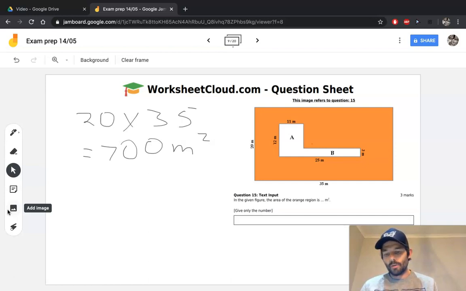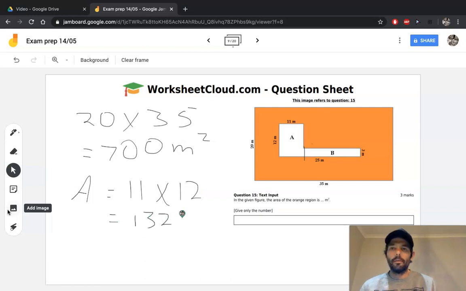So I'm going to cut off that compound shape there. So I'm going to have rectangle A and rectangle B. For rectangle A, my area is going to equal 11 meters times 12 meters. Okay, that's the length and the breadth, or the breadth and the length. That's going to equal 132 meters squared.